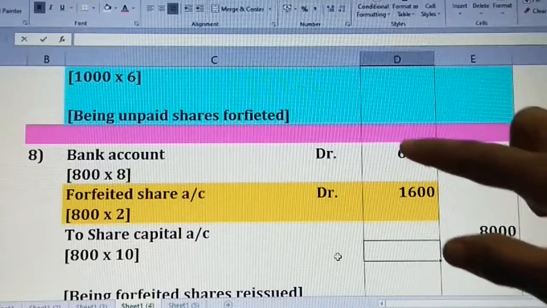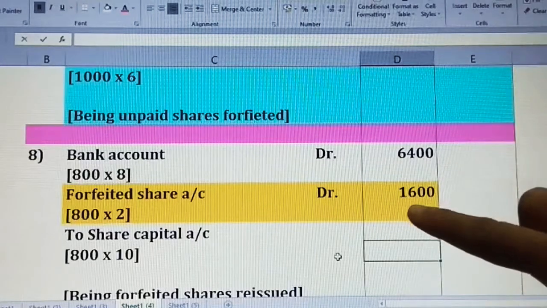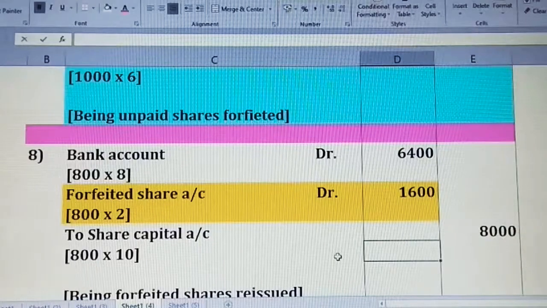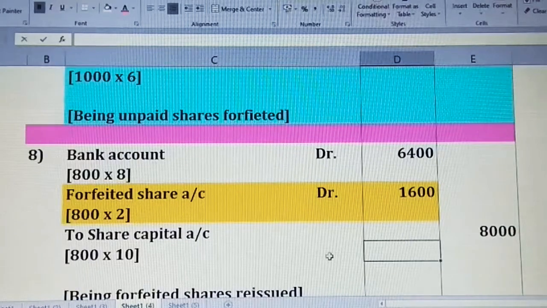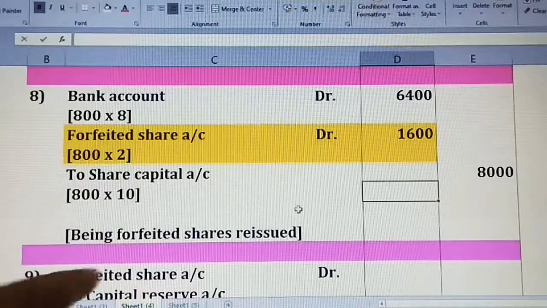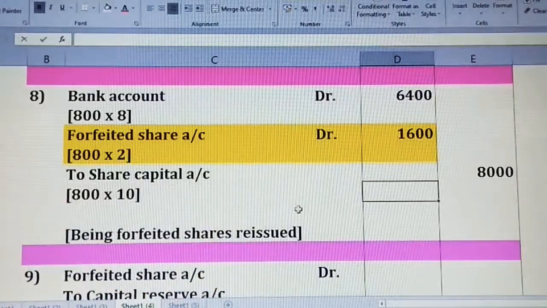So it's going to be 6,400, 1,600 and total is 8,000. Just observe: bank account debit, forfeited share account debit to share capital account, being forfeited shares reissued.